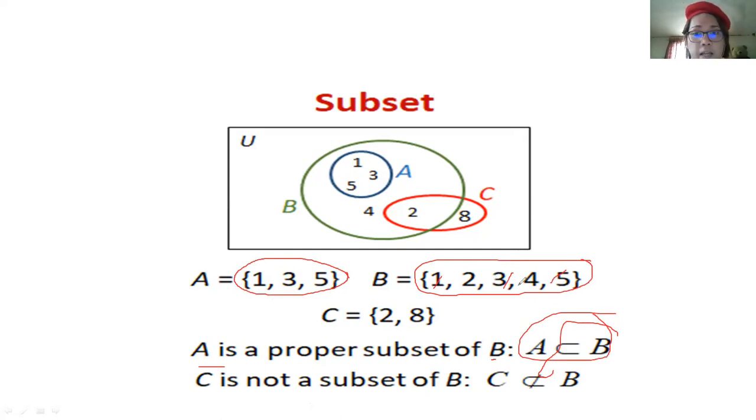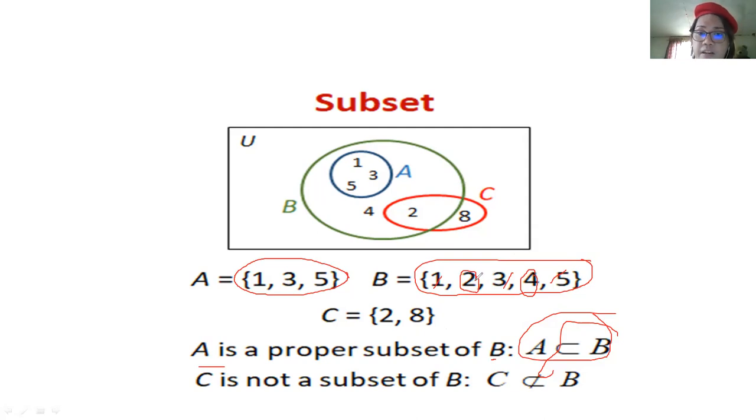Because there are elements of B that are not in A, at least one element of B that is not in A. That's why we say that A is a proper subset of B.